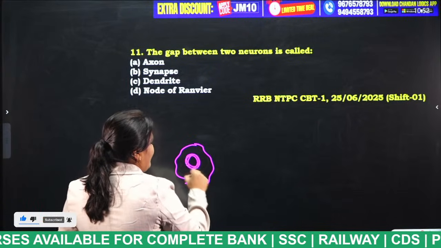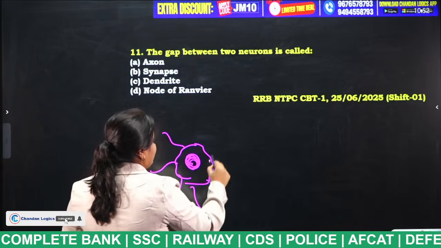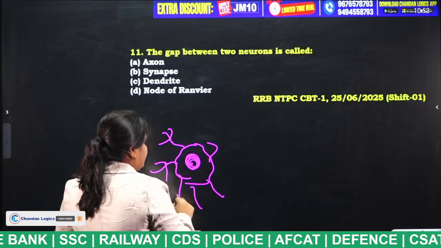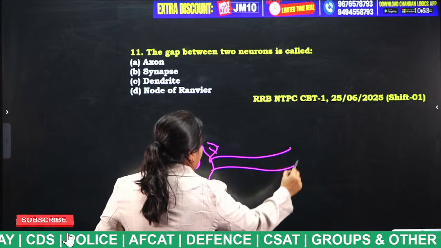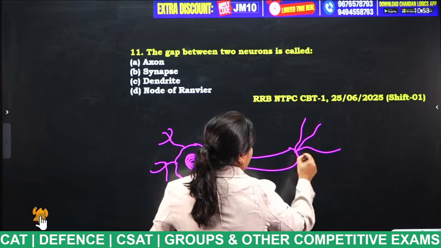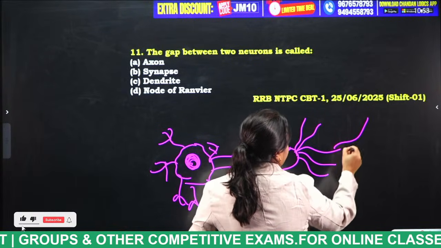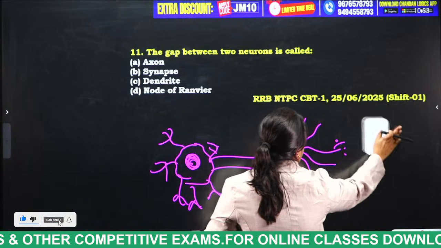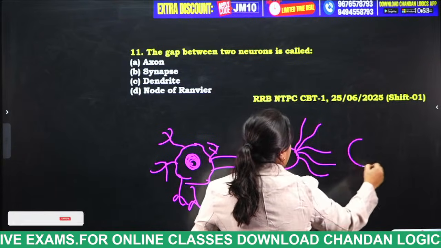So this is the cell body. Okay, here are the dendrites. Just imagine, here are the dendrites. And this is the axon. Okay, axon, and here are the dendrites. And this is another cell.